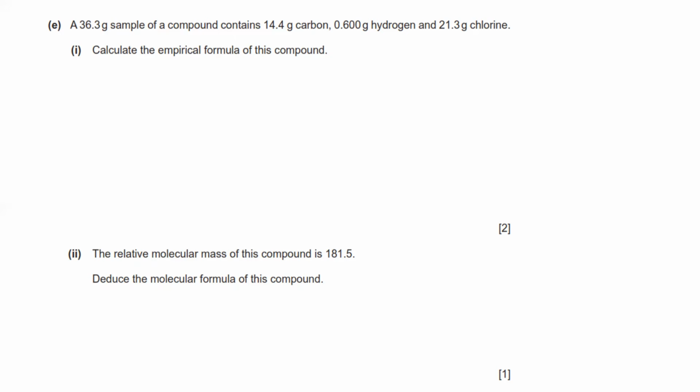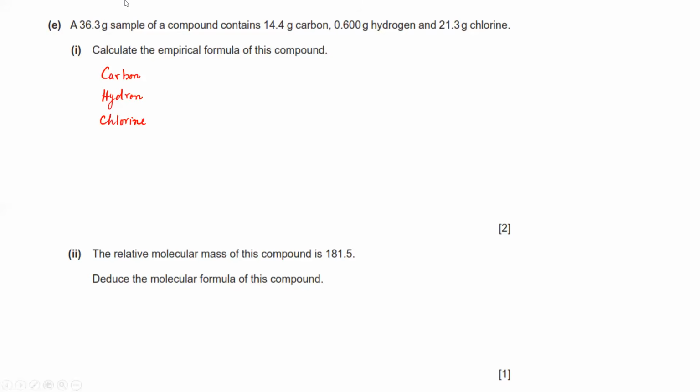Number one, calculate empirical formula of the compound. So what are the elements we have? We have carbon, we have hydrogen, and we have chlorine.